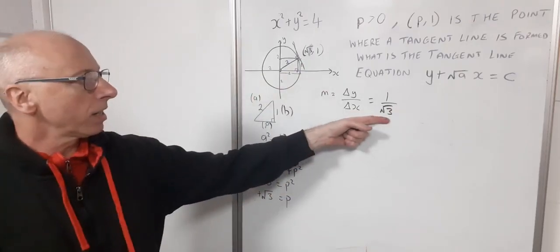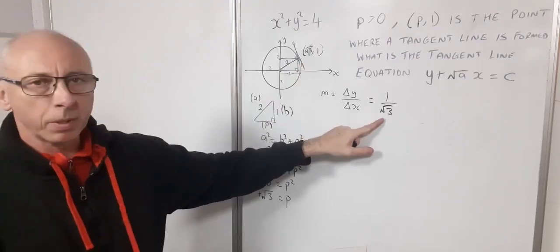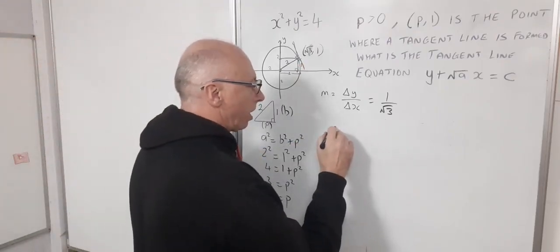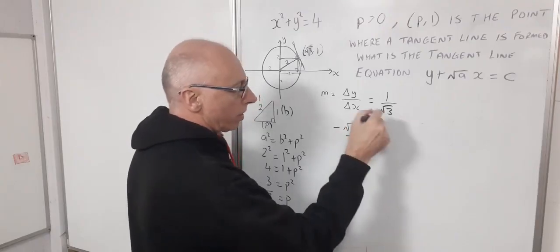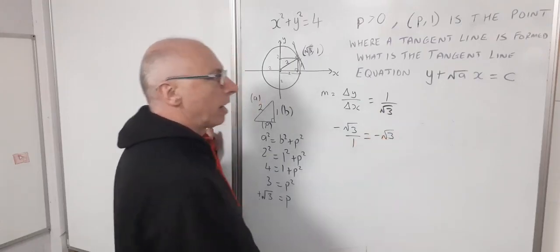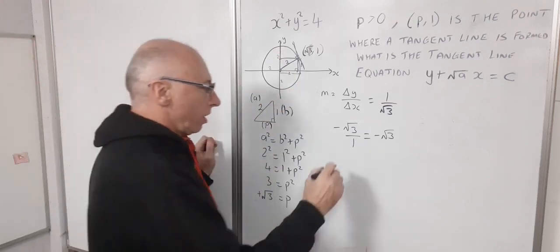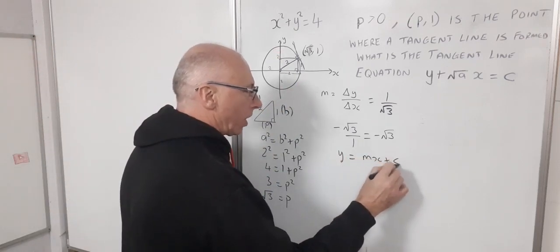Now we need this negative reciprocal for our tangent line. Now the negative reciprocal of that will be, let's put this over here, so we've got minus root 3 over 1. So flip it over and put a minus, which is minus root 3. Now that's the m value of our tangent line. So we've now got y equals mx plus c.